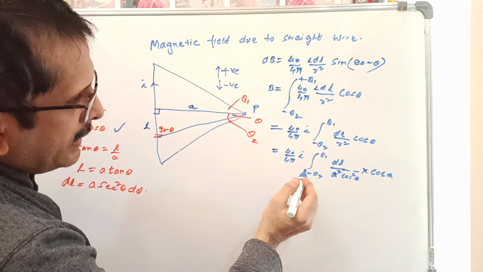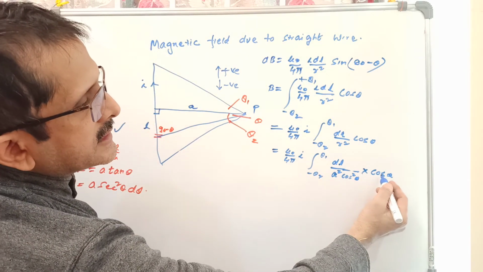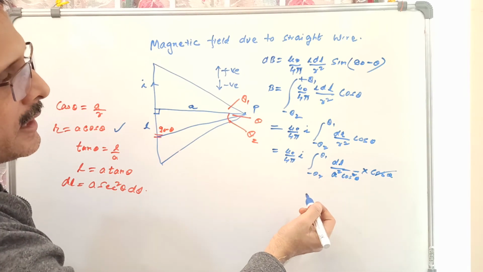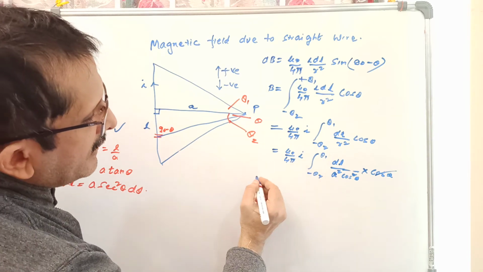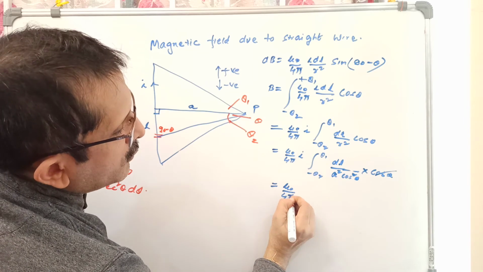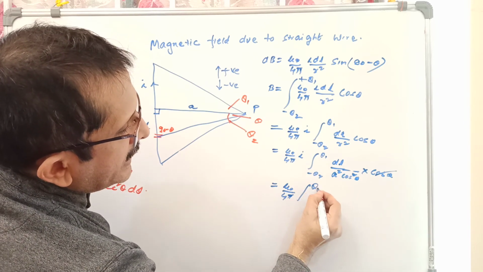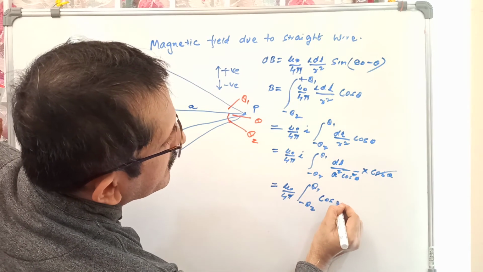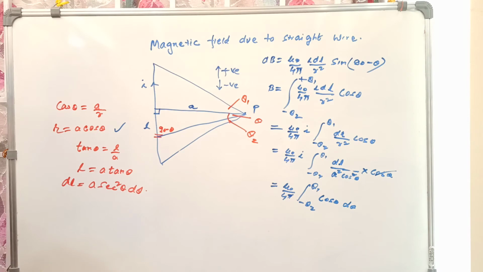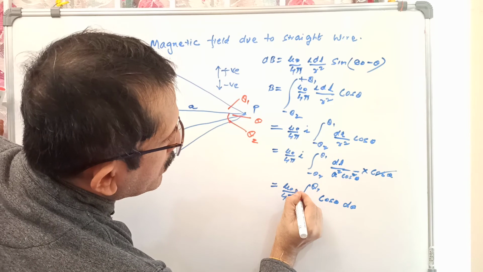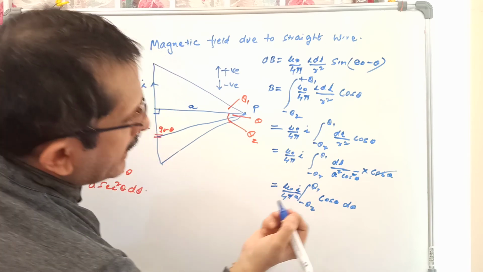Now if I substitute these values, we will see cos theta cancels, and this becomes a square cos theta. You know, a was already there. So if I work it out, it becomes mu naught by 4 pi, theta 1 to minus theta 2, and it becomes cos theta d theta, right? Now one of the a comes here.